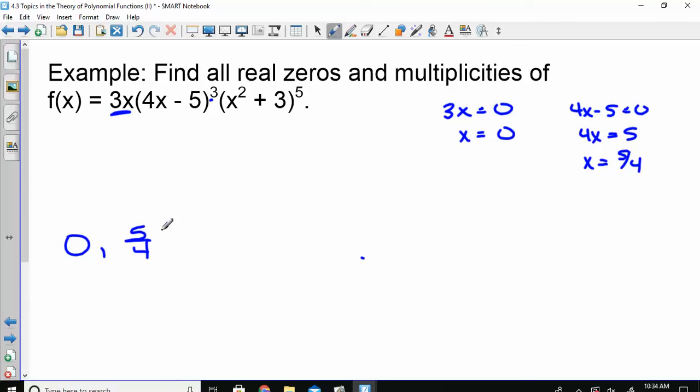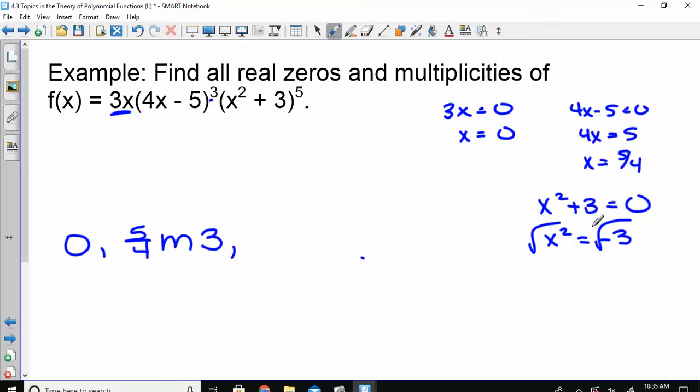Since it had a cube, what does that mean? It's a repeated solution, so it's a multiplicity of 3, so we just put M3. Alright. x squared plus 3. What multiplicity will this one have? 5, because of that exponent, okay? So if I subtract my 3, what do we have to do? Square root.